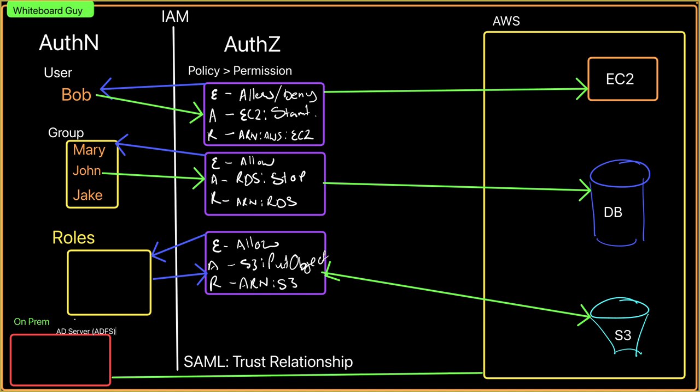Now, whoever logs in to your on-premises environment, if you've given them the type of access to use a role, so let's say I am me at company. That is my username that I use to log into my company.